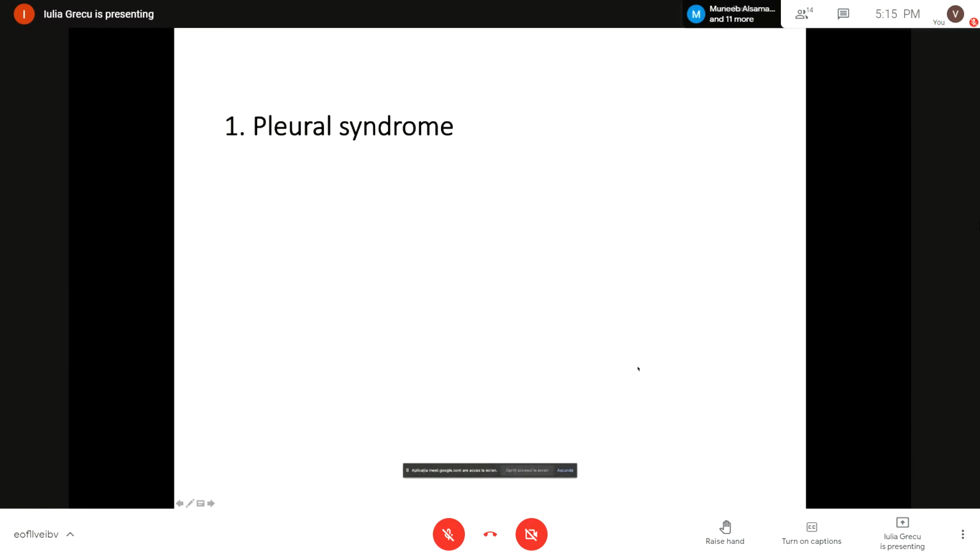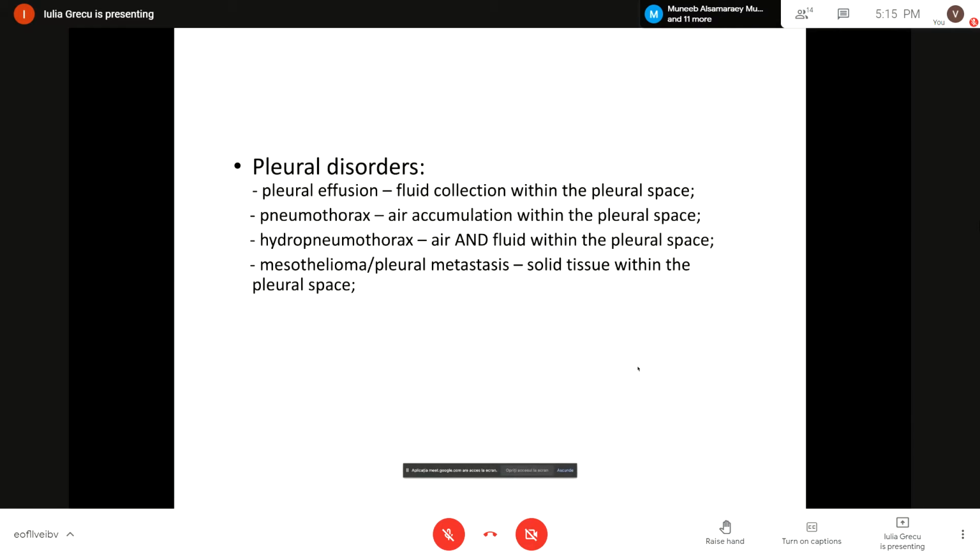Yes. Okay. So here are listed some of the main causes and diseases that could lead to pleural disorders. These are effusions, which represent some kind of fluid collection within the pleural space, within the two layers of the pleura, the visceral and the parietal pleura. The accumulation of air in this space leads to pneumothorax.